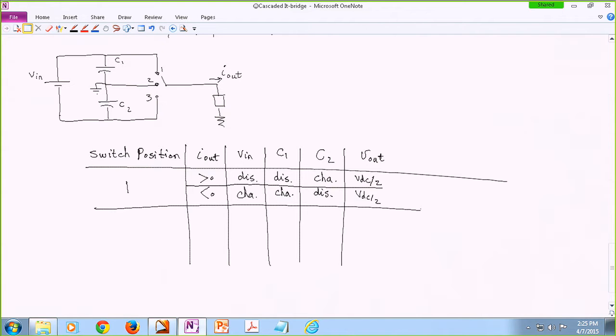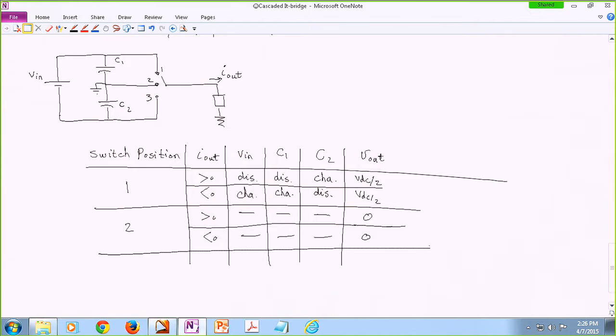Okay. Then switch in position number 2. The current could be positive or negative, the output current. Nothing is really engaged. We are basically shorting our load, so our output voltage is 0 basically. So nothing really exciting happens here.